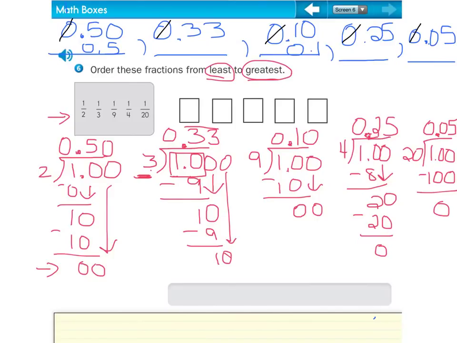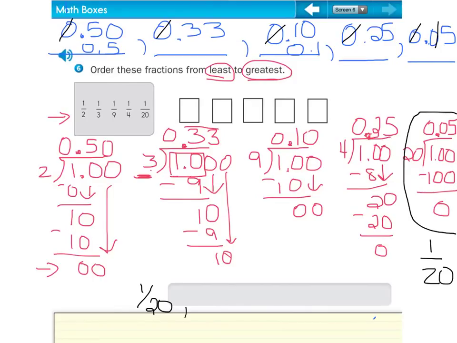So my smallest number in this set of data is going to be the 0. So that 0.05 was, again, this fraction here, which was 1/20th. So 1/20th is going to be the smallest. I'm going to write that down here. It's going to go 1/20th.